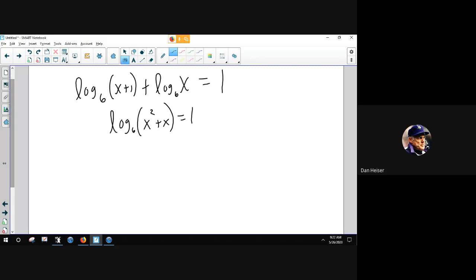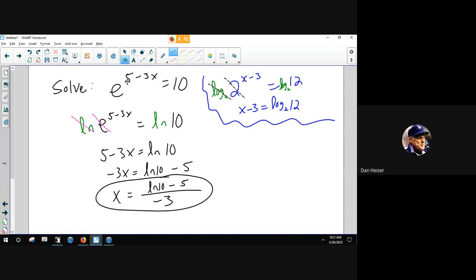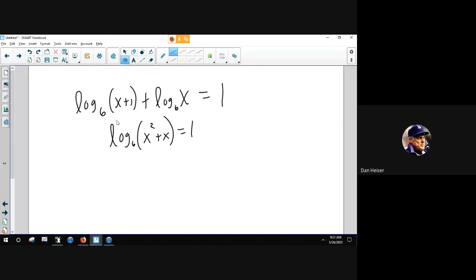Now we apply our conversion. We have log form. Let me back up here. Here we had exponential form, and we had to turn it into log form. Now that we have log form, we turn it into exponential form.